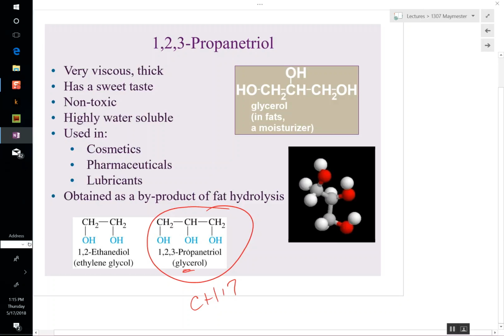This is the backbone of triglycerides. This is where triglycerides get their name from glycerol. Glycerides contain glycerol as a backbone molecule. But we'll learn that in Chapter 17.